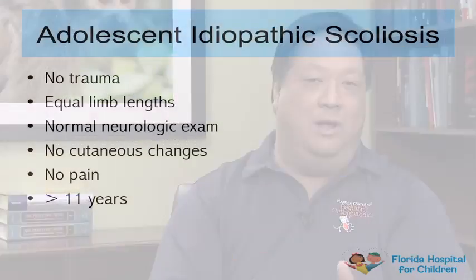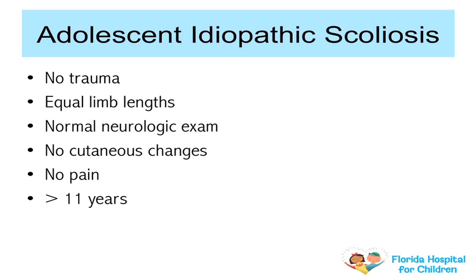To be truly adolescent idiopathic scoliosis, by that I'm talking about a curve with no other apparent cause in a child older than age 10. There has to be no history of an injury. There shouldn't be a problem with a leg being longer than the other, and there shouldn't really be anything else wrong with a child. One of the biggest problems is that there shouldn't be any pain.